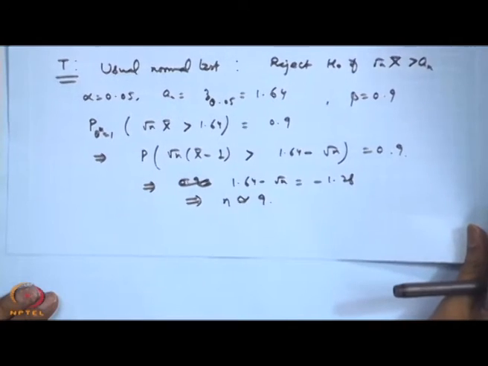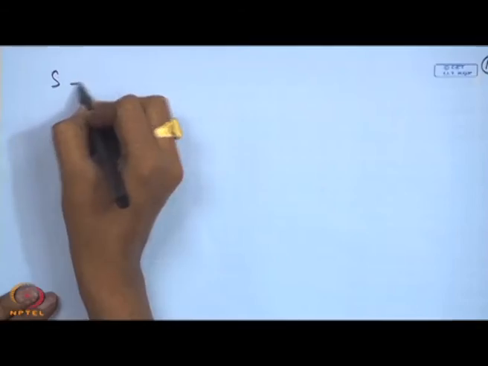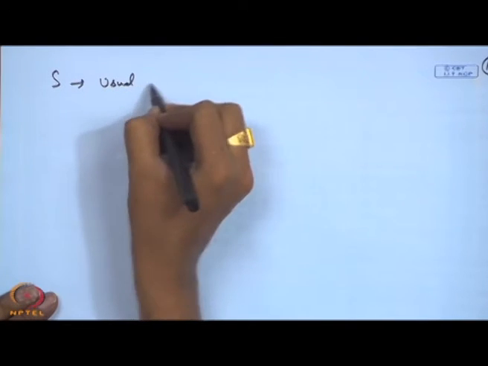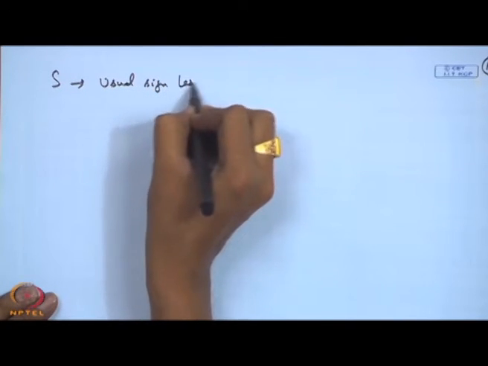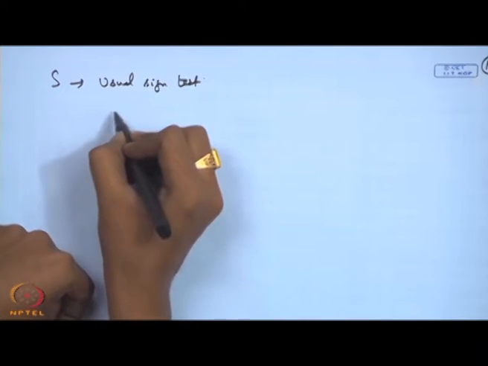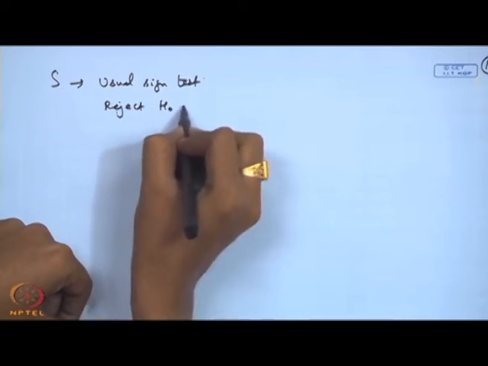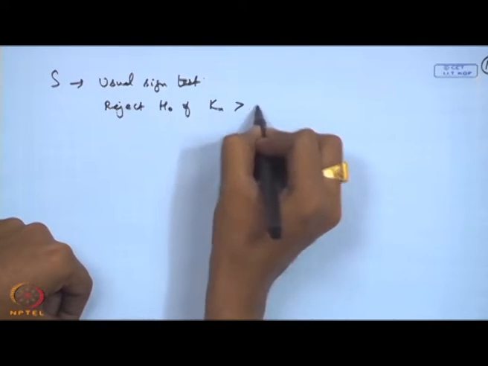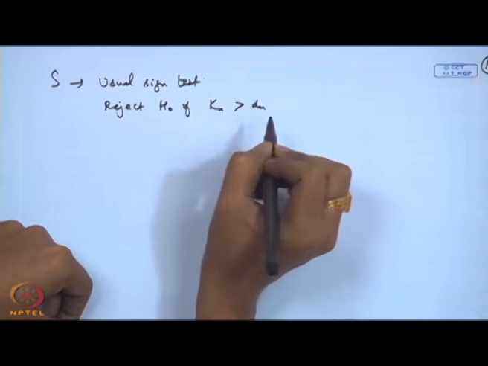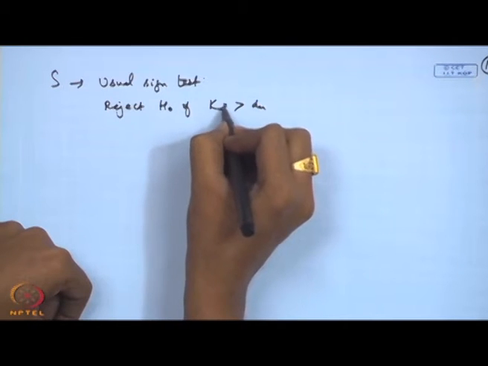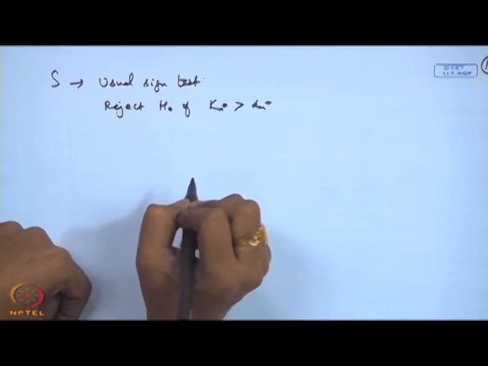Let us take the second test, based on the sign test function S, the usual sign test. For the usual sign test, you reject H naught if K n is greater than d n star.